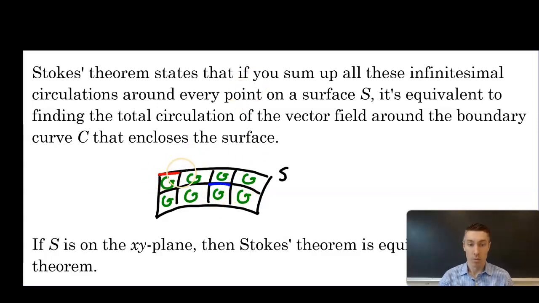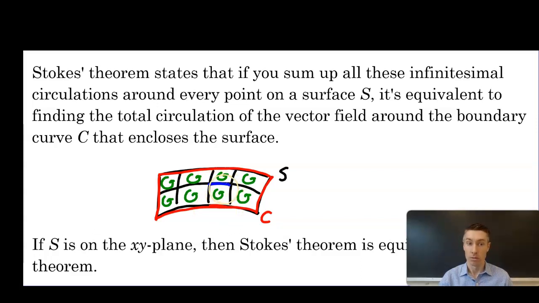Except when we get to the pieces that are on the boundary curve. I'll highlight the boundary curve in red again. So that's C. Along the boundary curve, if we look right here, the circulation is going counterclockwise. So for that piece on the boundary curve, we're going from left to right. Now, there's nothing below it that's going to cancel out, so this circulation counts as we sum up all of our circulation.